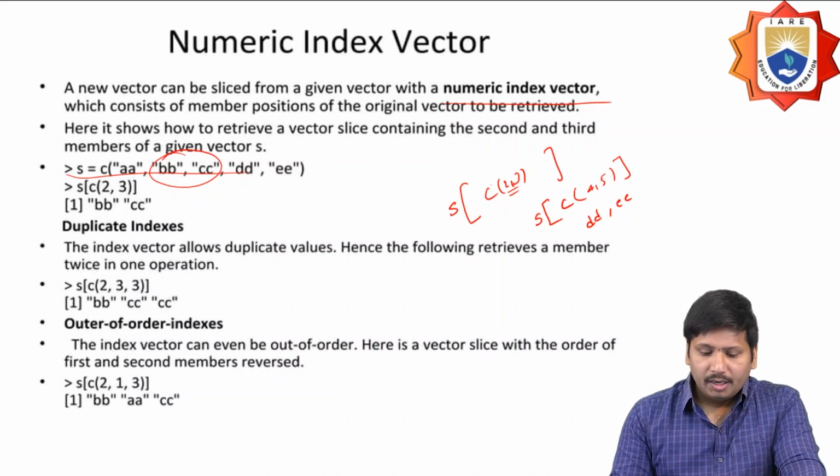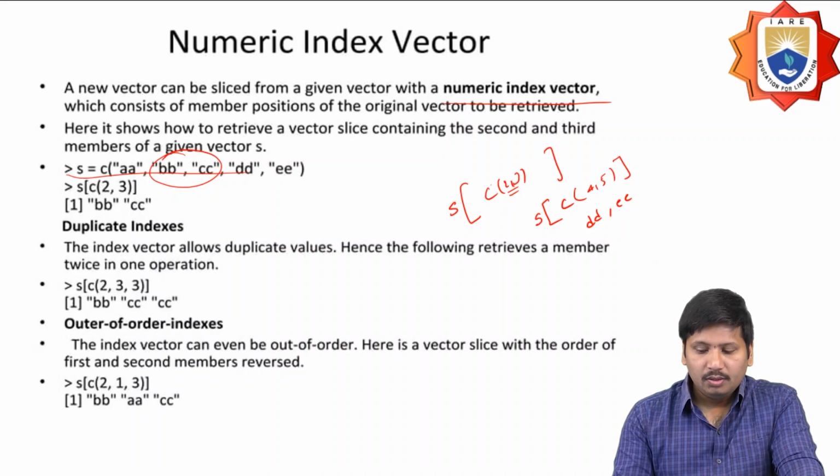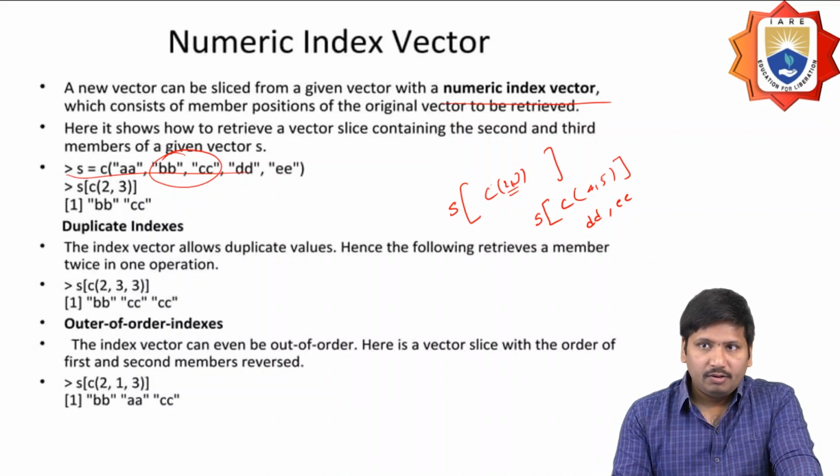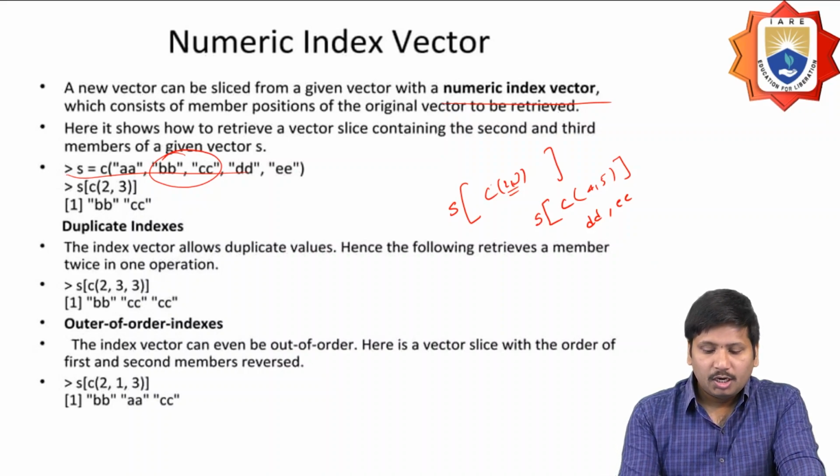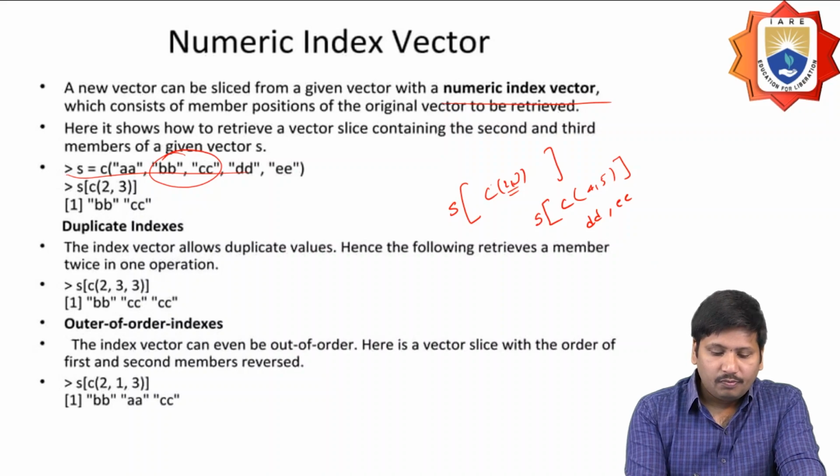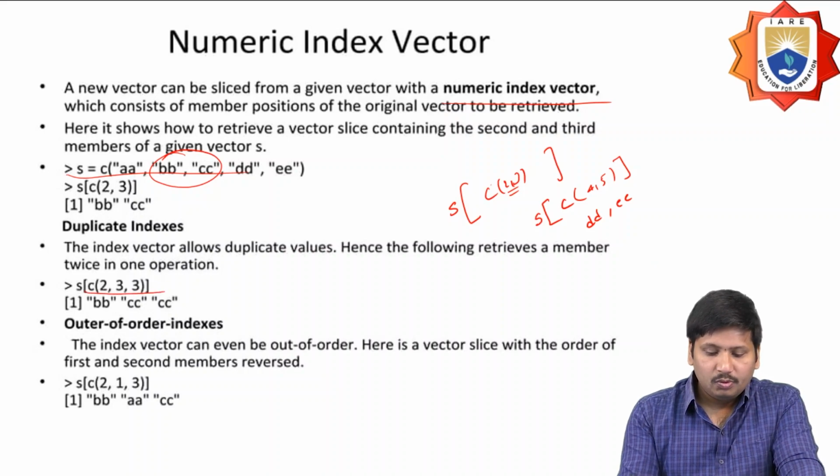How are we going to do duplicate indexing? For duplicate indexing, the index vector allows duplicate values. Suppose I write c of 2, 3, 3.